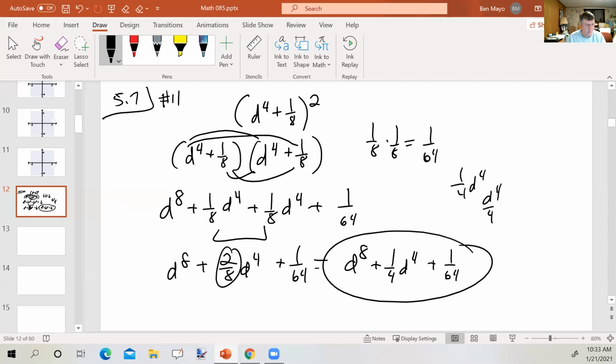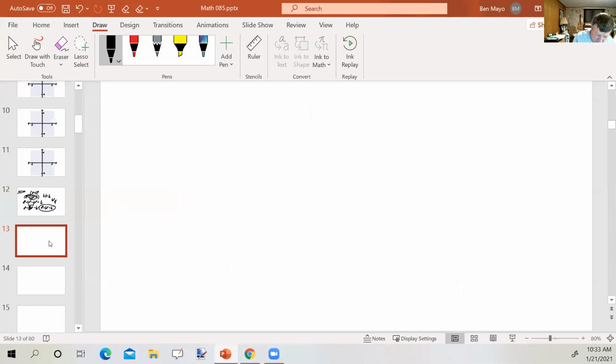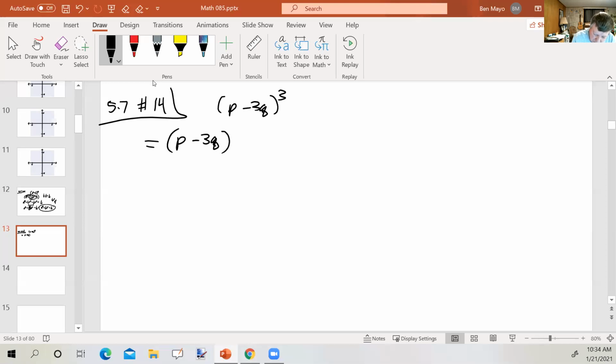All right, we've got one more from 5.7, and this is number 14. It says expand the binomial. So we have p minus 3q, that whole thing cubed. So that's going to give us p minus 3q times p minus 3q times p minus 3q.